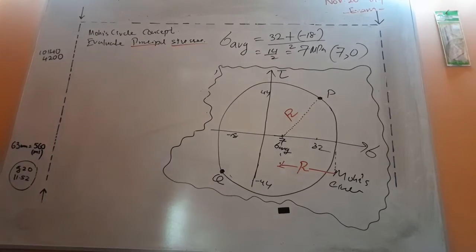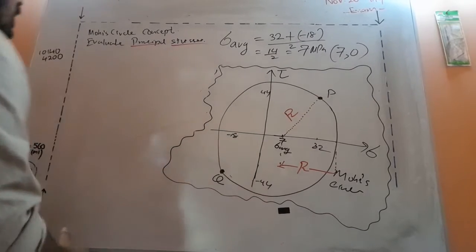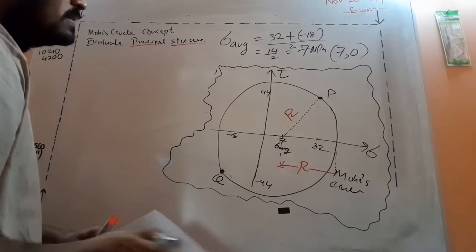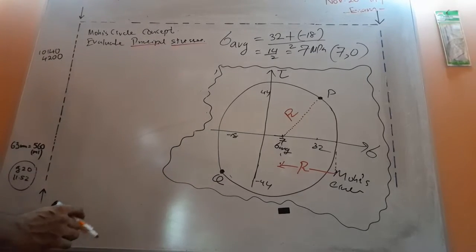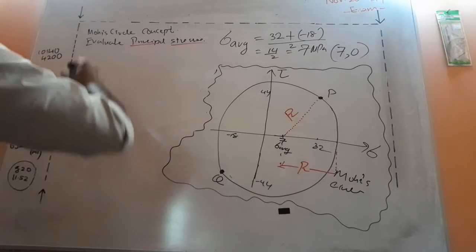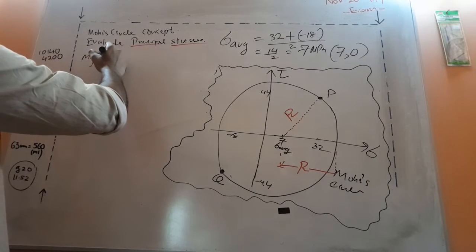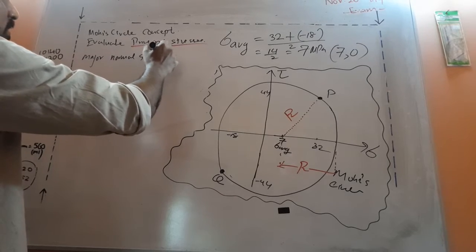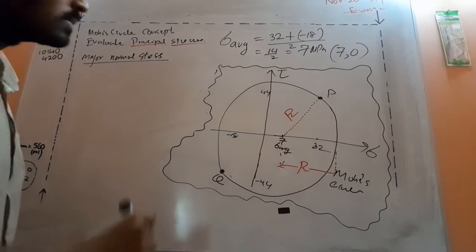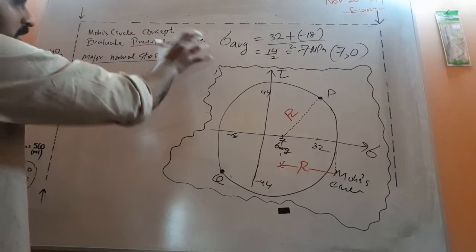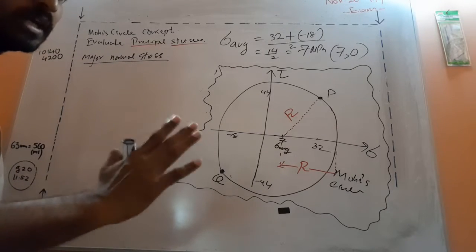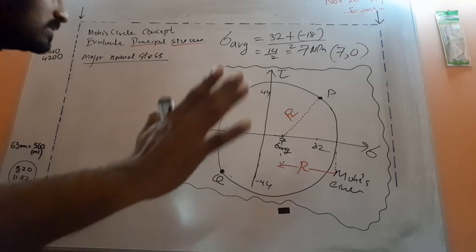Right. So now in this problem, they have asked us to find the principal stresses. Principal stress means major normal stresses. Now, when you are going to consider principal stresses, there are two types of principal stresses.